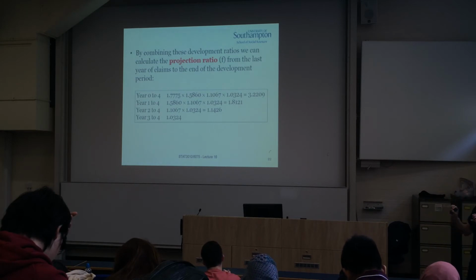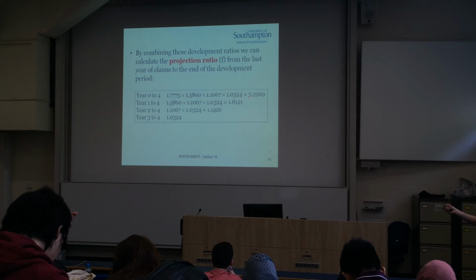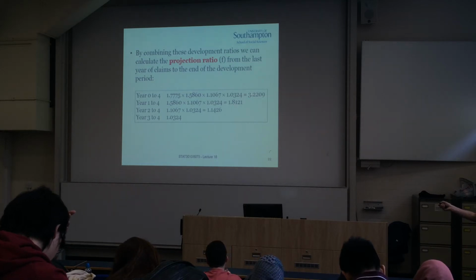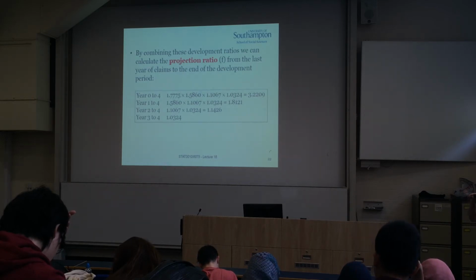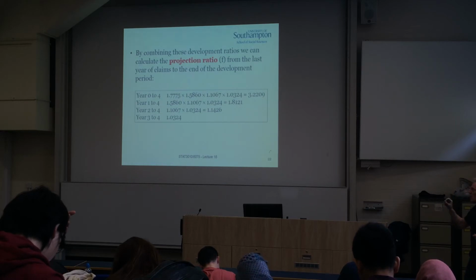Now, the clever thing is that if you invert any of these numbers, for example the first number, 1 over 3.22, it tells you the proportion of the estimated total claims that you have paid at that time.